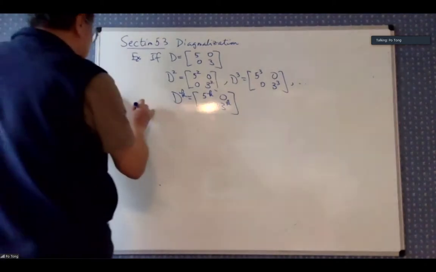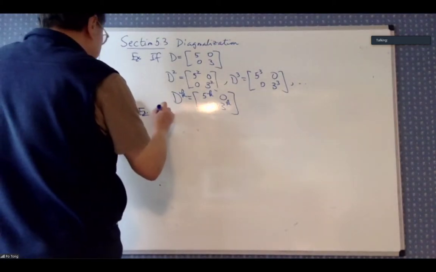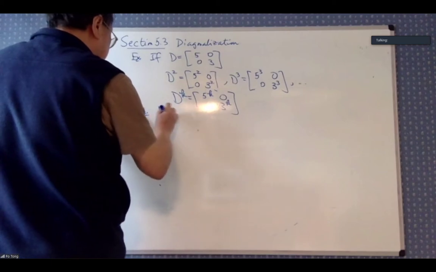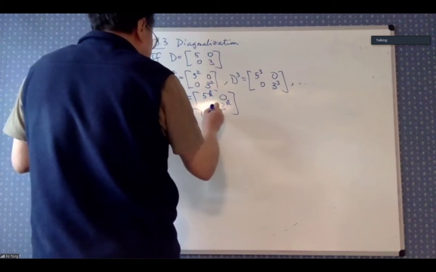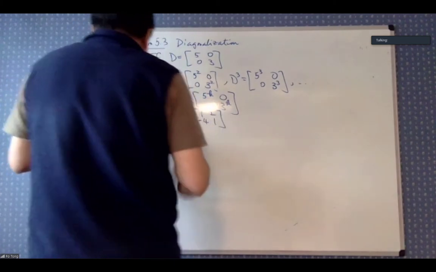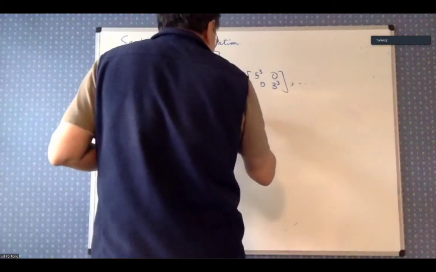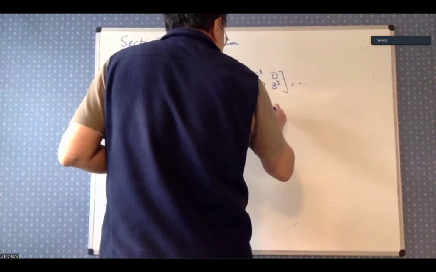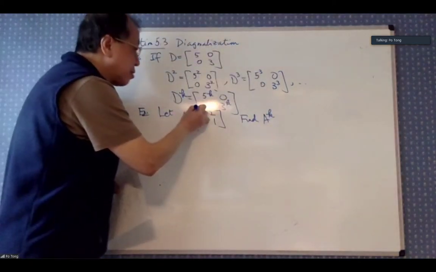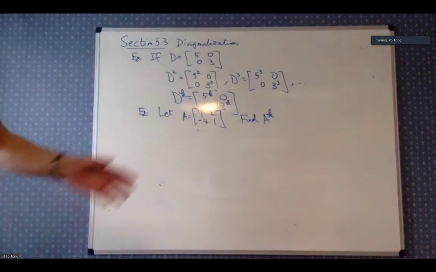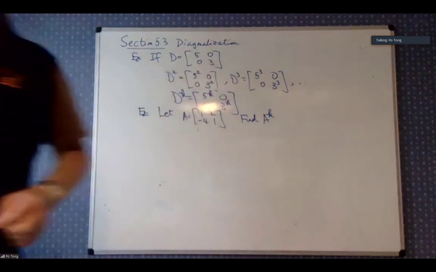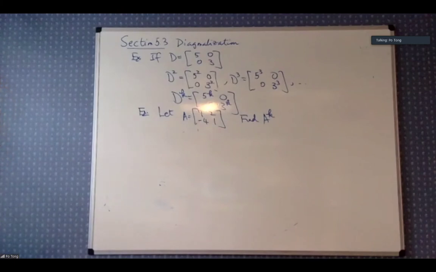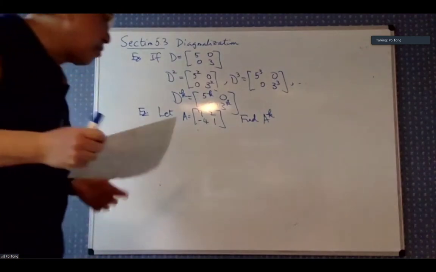Okay, so now we're going to do this example. We want to do A to the power k. For this matrix, this matrix is not a diagonal matrix, okay? And so because it's not a diagonal matrix, it's not going to have that nice property, okay? But this is what we're going to do.